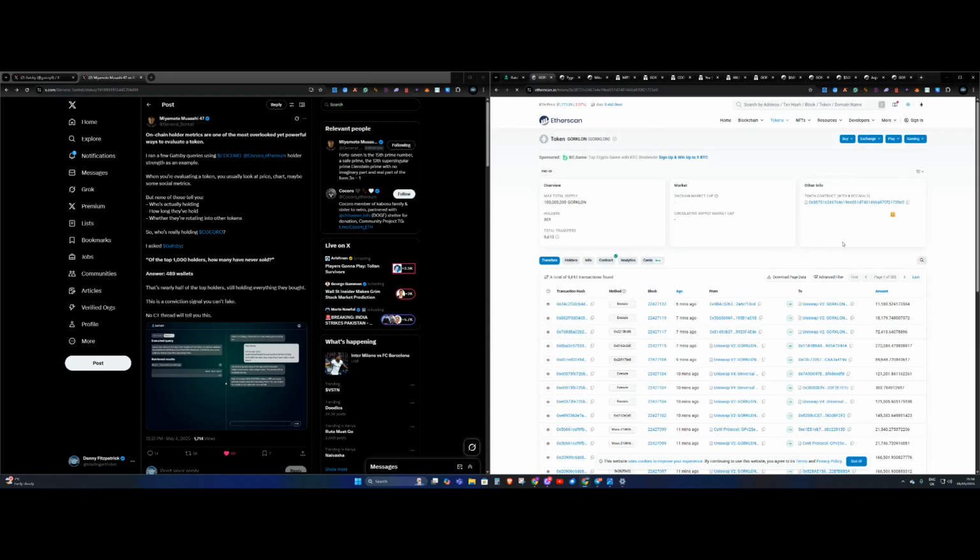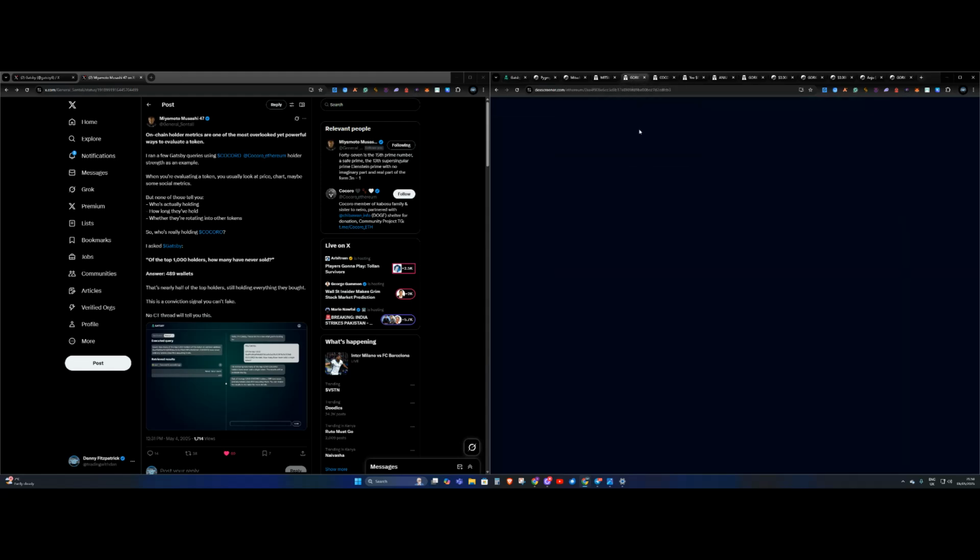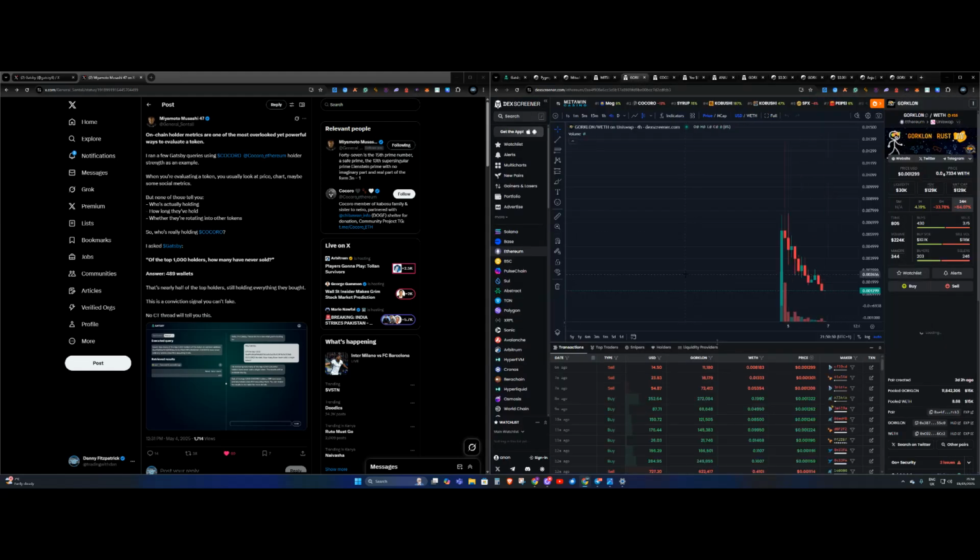You can also grab that token contract to put into Dex tools, or just copy it there.